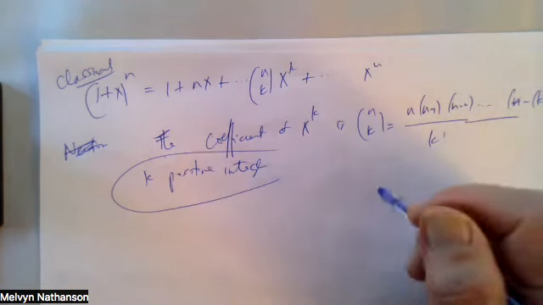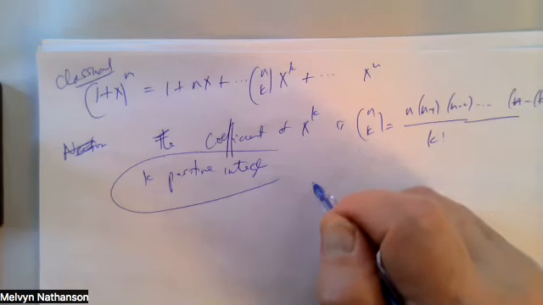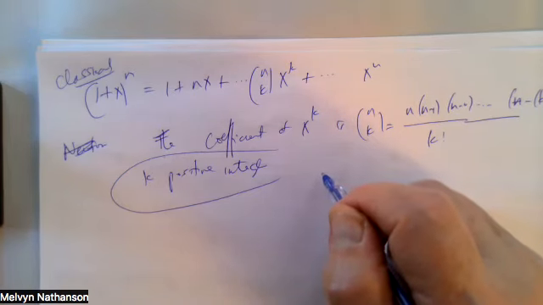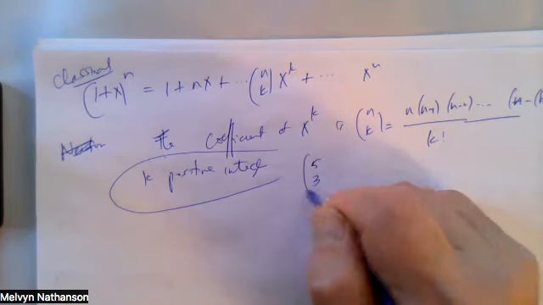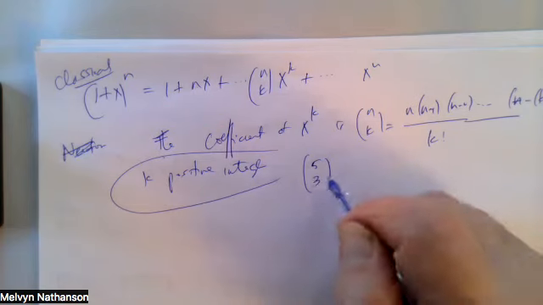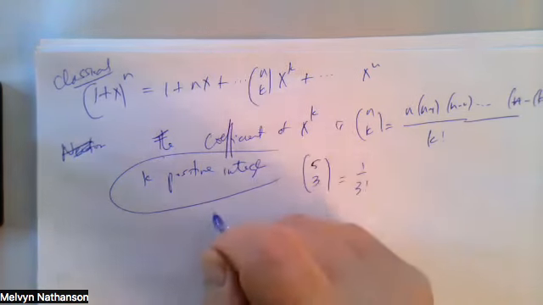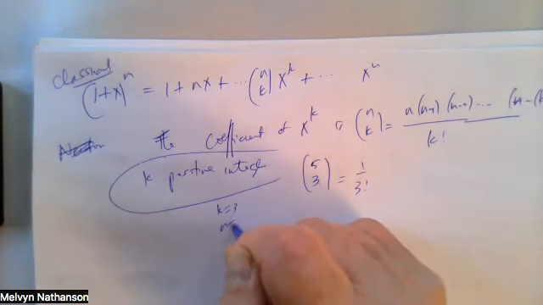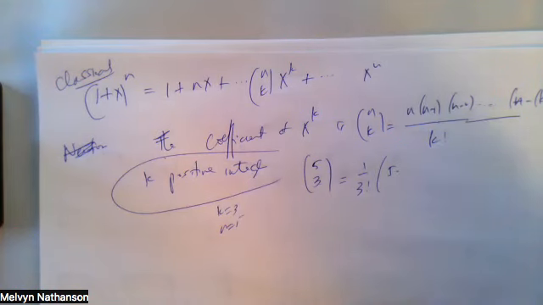So for example, what would the binomial coefficient 5 choose 3 be? K is 3, 1 over 3 factorial. N is 5. So you would get 5, and you would get 3 terms.